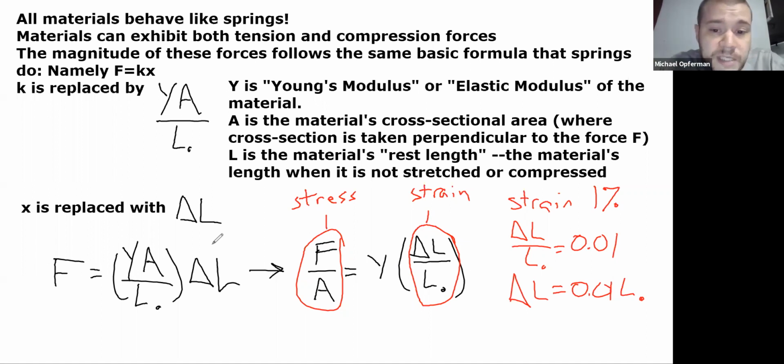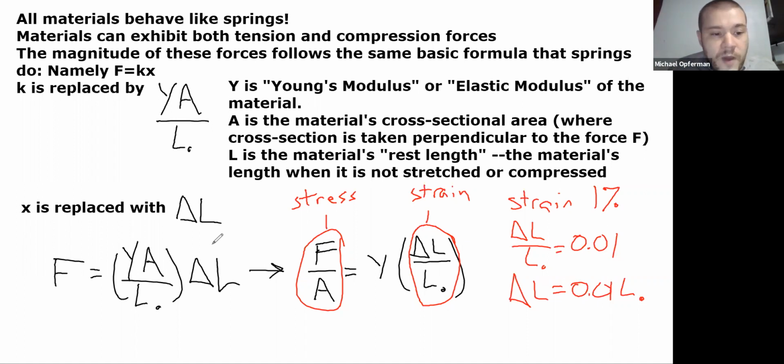Oftentimes, if you ever see this again, especially in the world of engineering, you'll probably hear it talked about in the context of stress and strain. So if you hear about stress-strain curves, just remember that that is actually F equals Kx, just with a bunch of obfuscation layered on top of it.